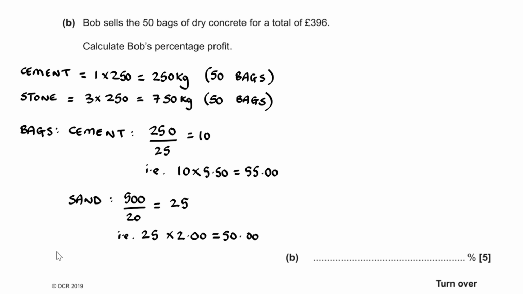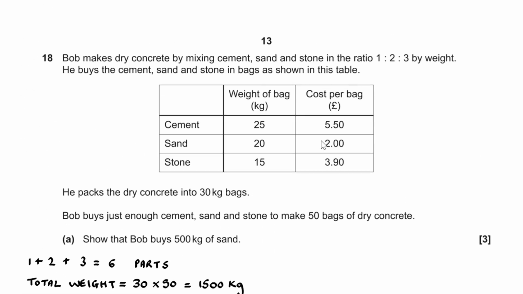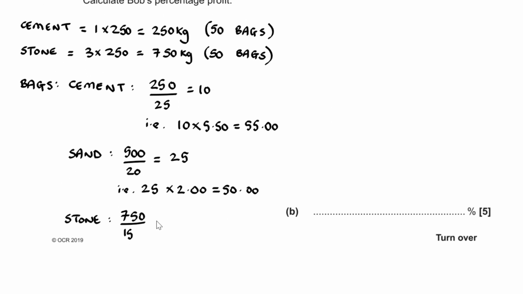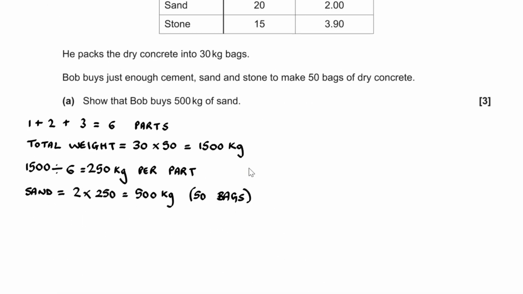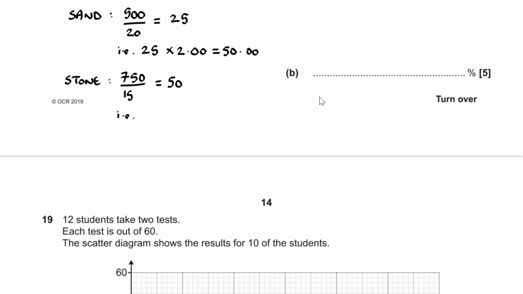And then for stone, we would have 750 divided by the 15. So 750 divided by 15, you'll find this to equal 50. So therefore, we would have over here 50 times by 3.90.